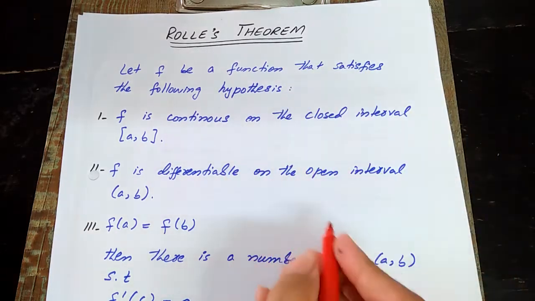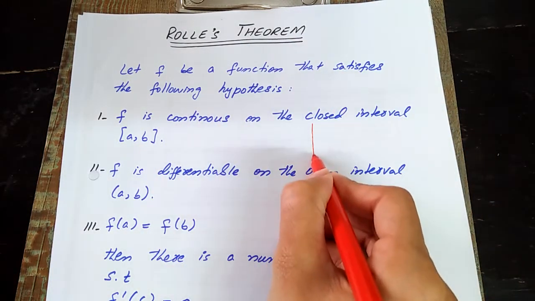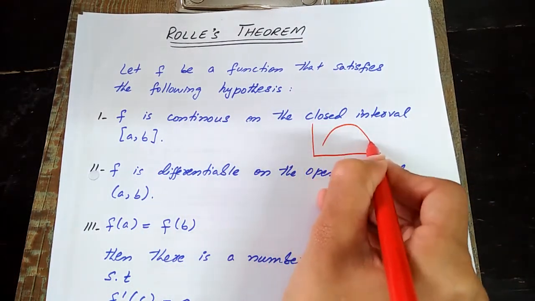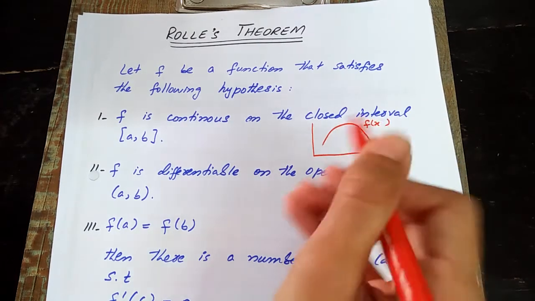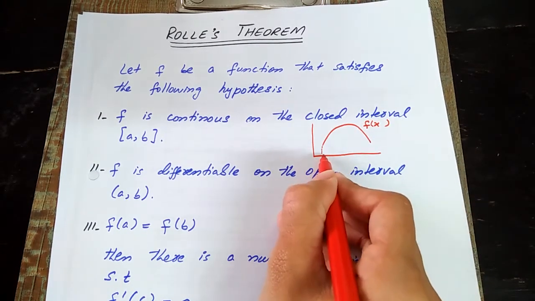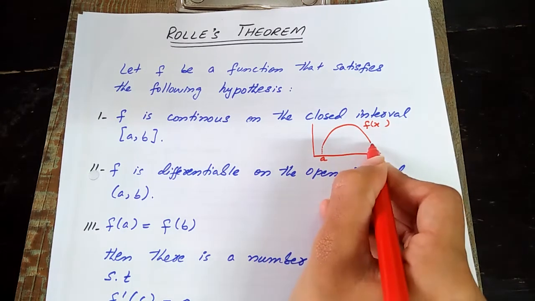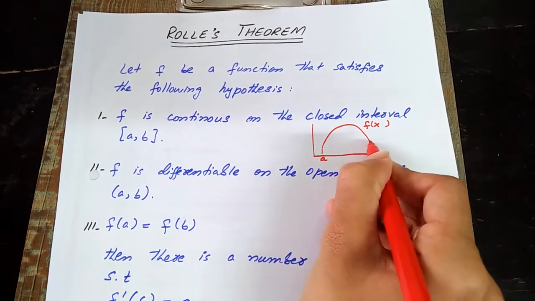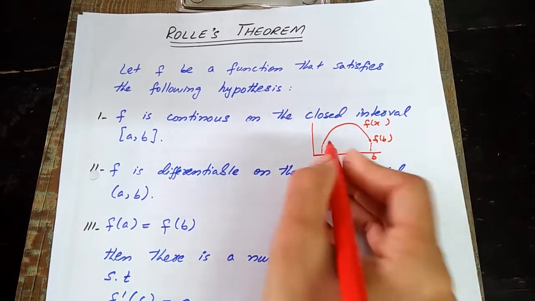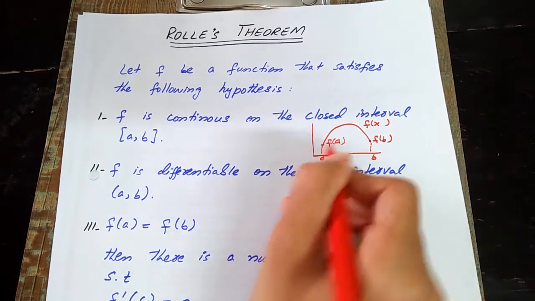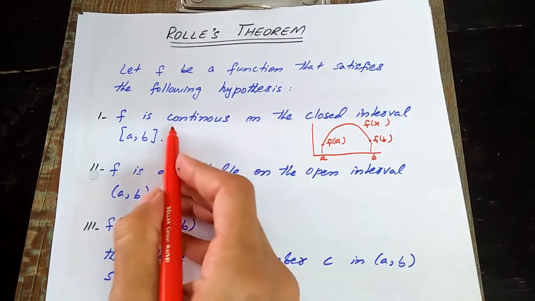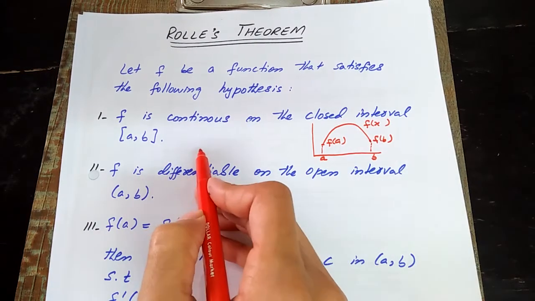For example, we have a function. This is a function curve like f of x. Here on the x-axis, this point is a and this one is b. This value is f of b and this value is f of a. f is continuous on the closed interval [a, b].